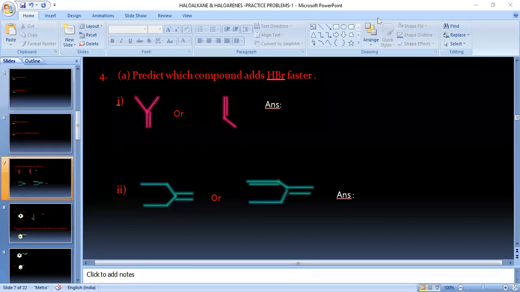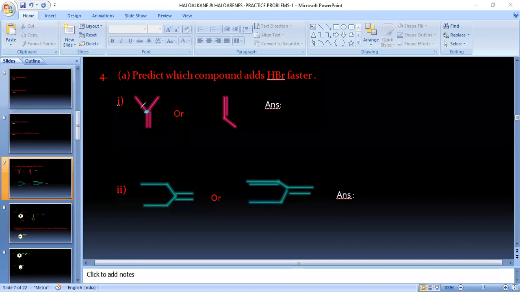Okay, beta. Go to that next fourth question. Okay. Predict which compound adds that HBr, means that HX అనుకోండి, అందులో HBr అని ఇచ్చాడు. Which is faster, whether this compound or this compound can give that fast reaction and give the product. So first we need to check the question like this.